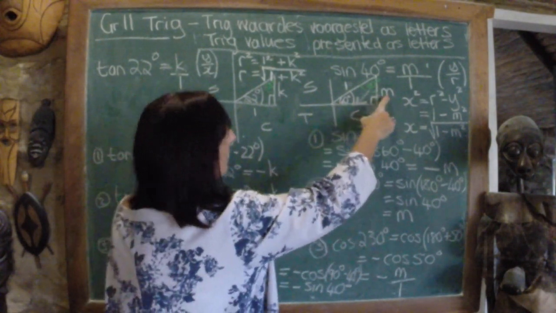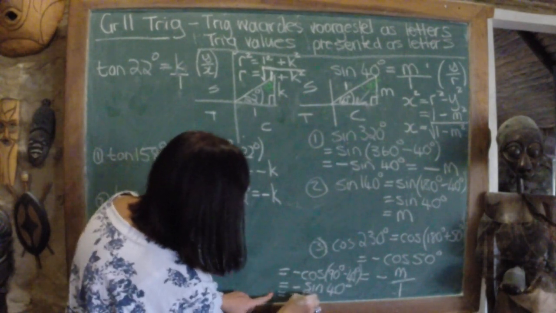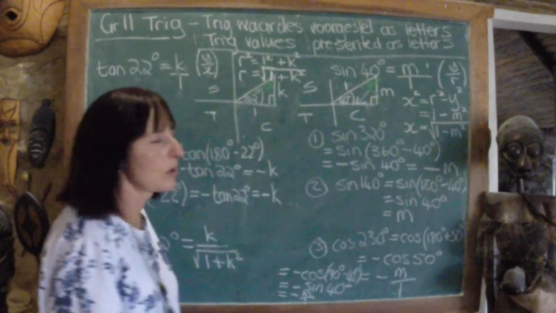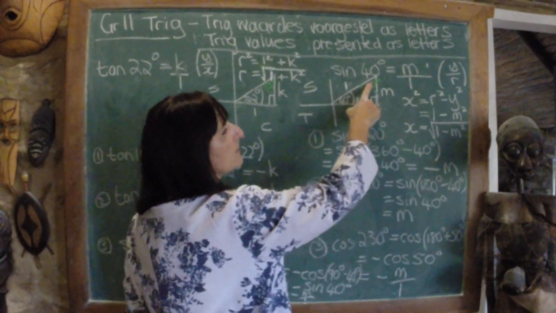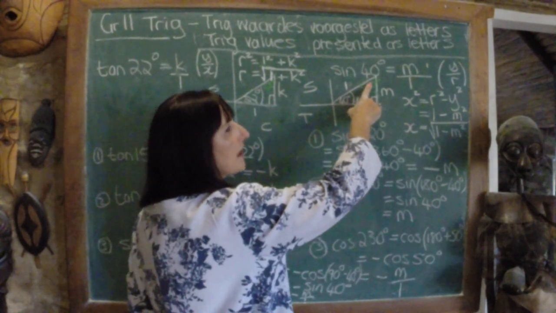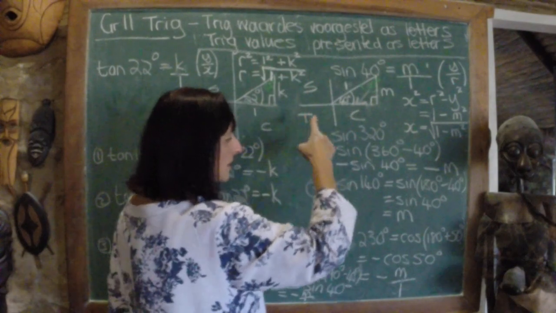Sin is going to be m on 1, so it will be minus m on 1. Exactly the same answer. Onthou net weer eens, as jy hierdie hoek gebruik, kan jy nie meer sê x en y en r nie, dan moet jy sê aangrensend op skynsy.